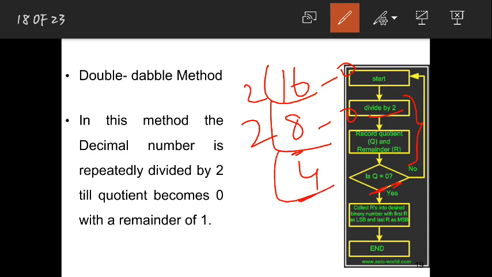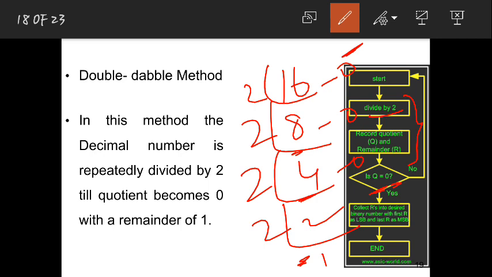It is not. So again I will divide it by 2. Again I will get a remainder 0. So again this is not equal to 0, again divided by 2. Okay, so in this way I keep on doing, and see, this is the last remainder what I get, and this is the first one what I get.